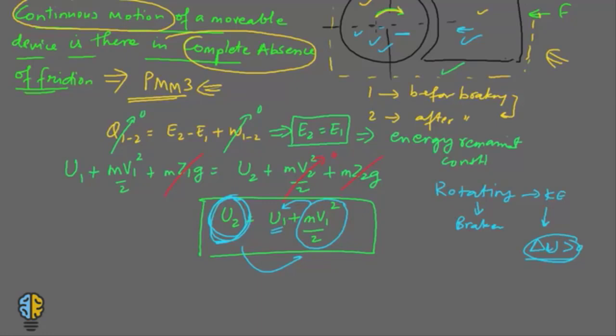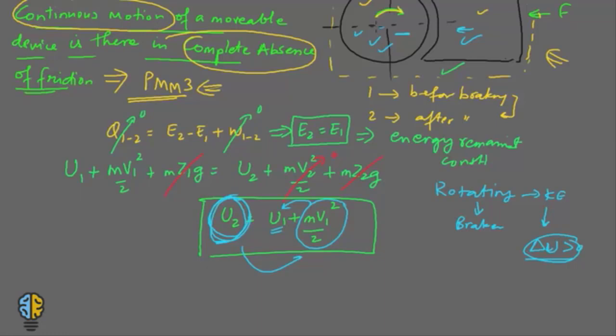Now we need to prove this with the help of the second law. So let us assume that the reverse is possible, the reverse being that the conversion of the increase in the molecular internal energy into kinetic energy within the system will cause the wheel to rotate.